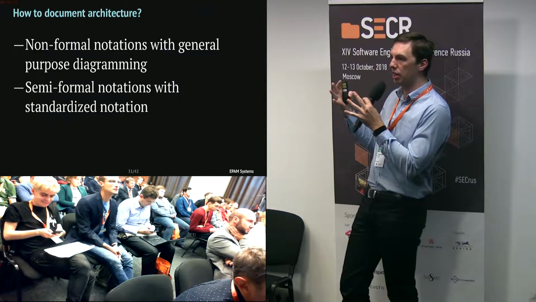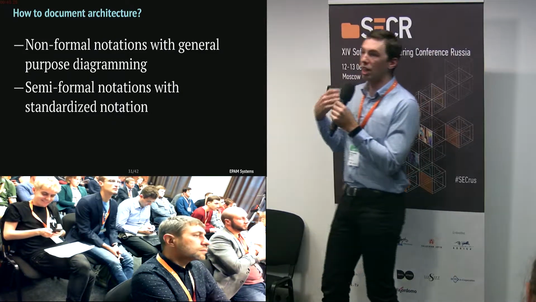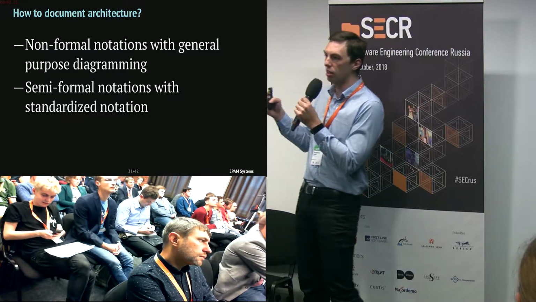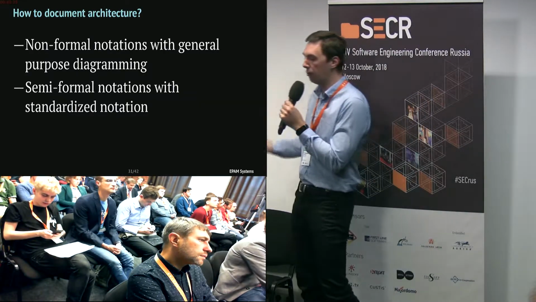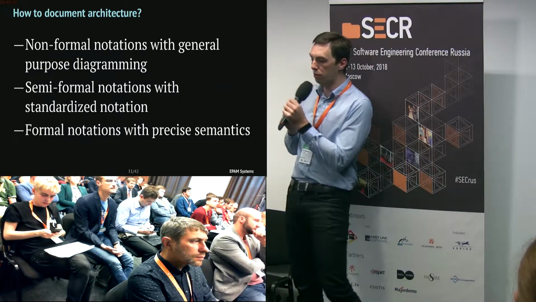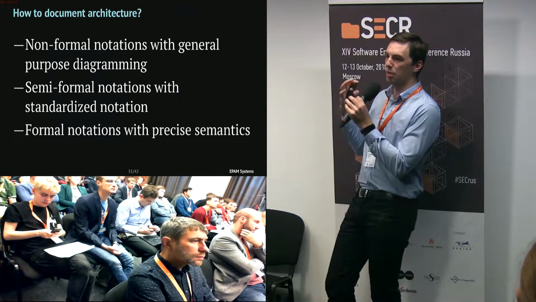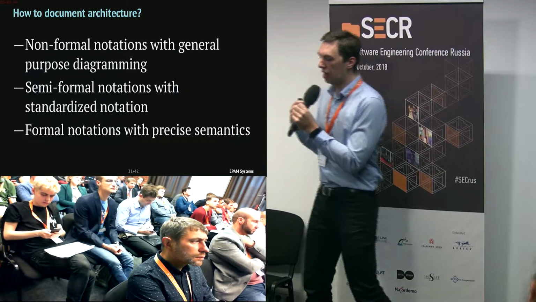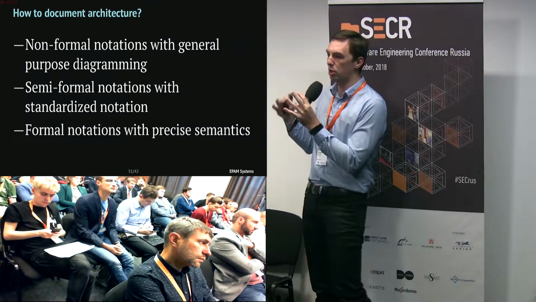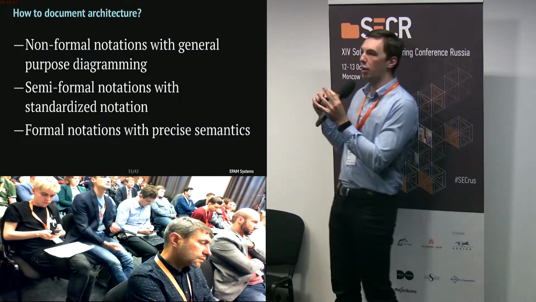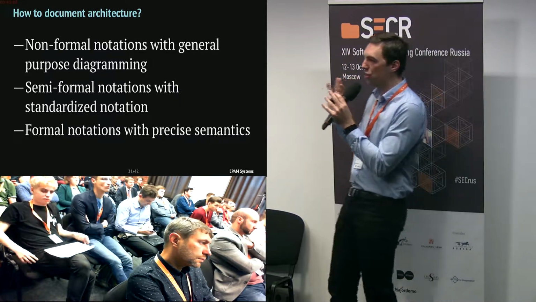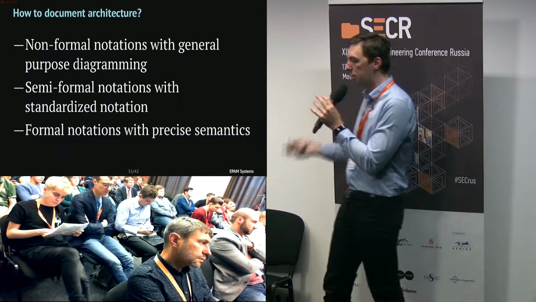So they provide some meaning for those rectangles, and you can think that other architects know that notation, and they can understand what you're drawing. And the last one are the formal notations, and they differ from the previous ones with precise semantics, right? So you can know that some rectangle brings some value, but only in formal notations, there is precise meaning. So you don't need to pose any other questions to understand what the diagram is about.